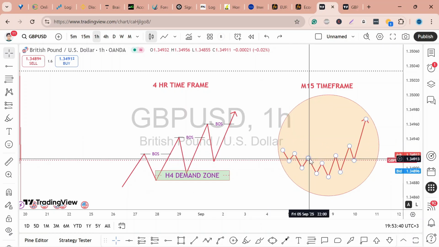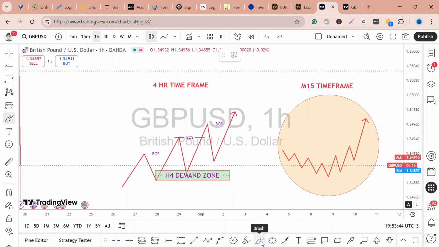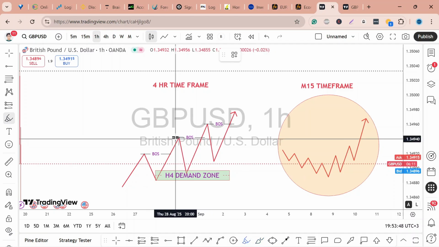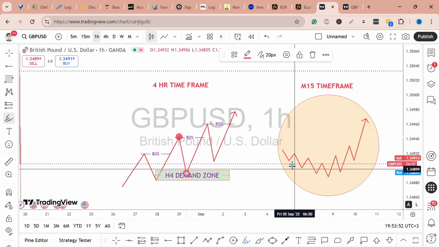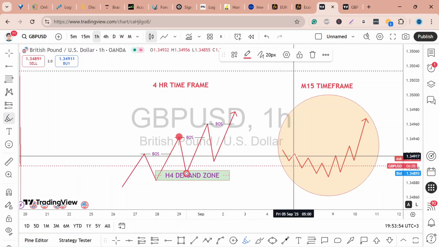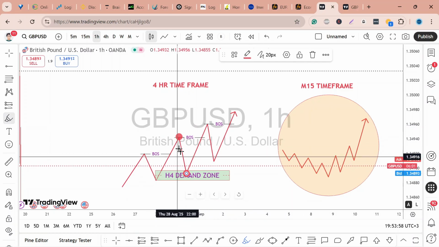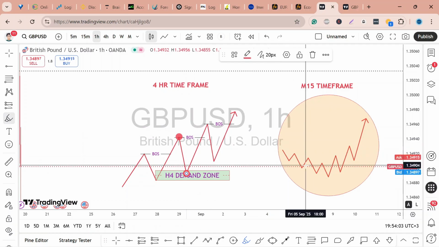What people don't know is that during this pullback phase, between this point here and this point here, when you are on the lower time frame, let's say 15 minutes or 5 minutes, depending on the size of the pullback, you will find that it's a whole trend by itself.